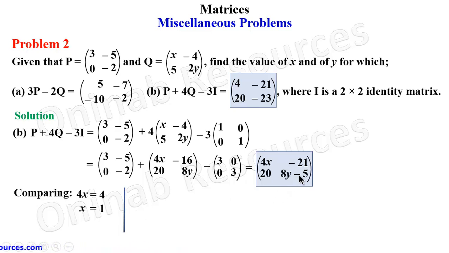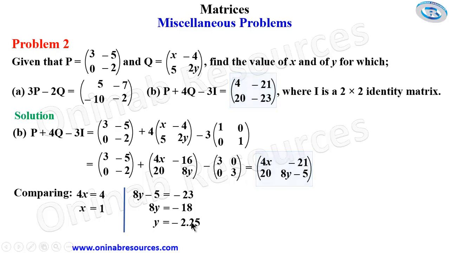Then we have 8y minus 5 equals negative 23. So taking this to this side, I have 8y is equal to negative 18, because this becomes positive on getting here, and y is equal to negative 2.25 after dividing both sides by 8. And that is all for B and question 2.